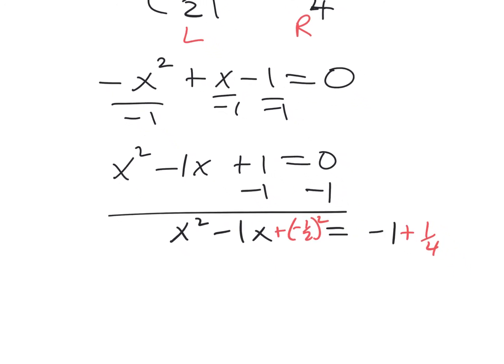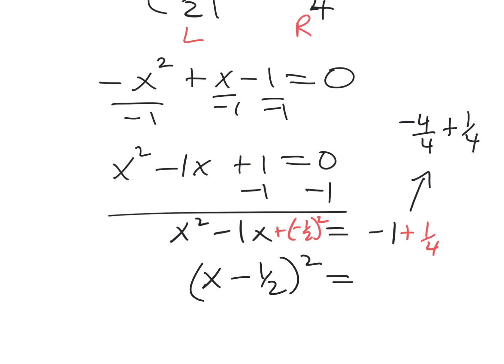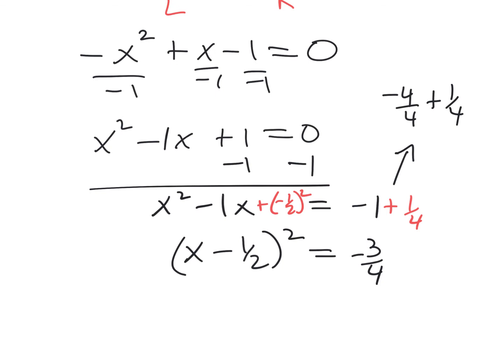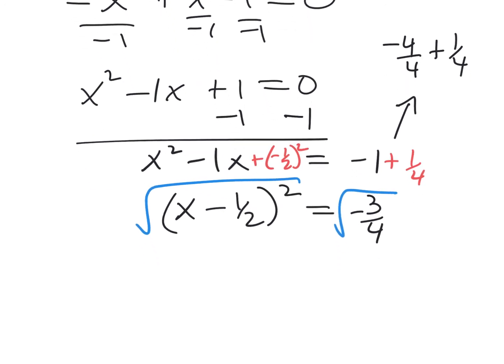I'm going to go ahead and factor the left side, so x minus 1/2 squared. And then I need to add this common denominator, change the negative 1 into negative 4/4, which gives me negative 3/4. Right now, when I apply the square root method, I don't know how to take the square root of a negative number.